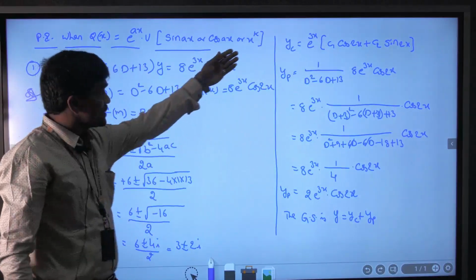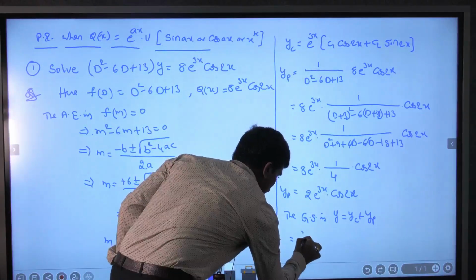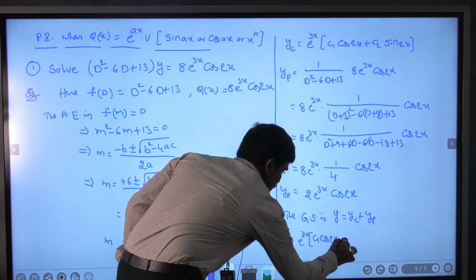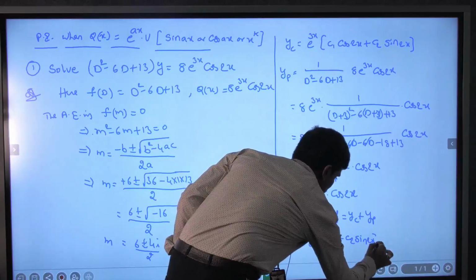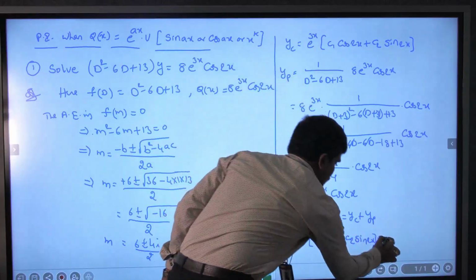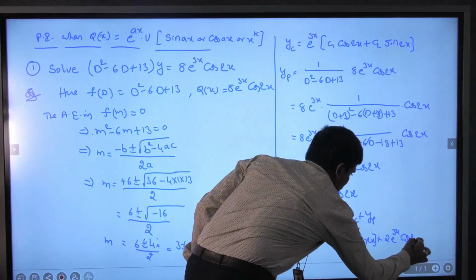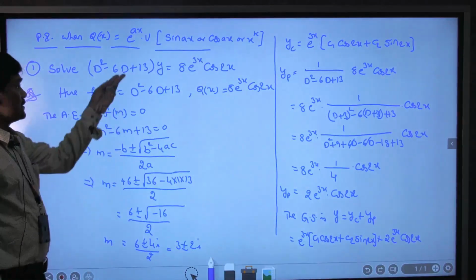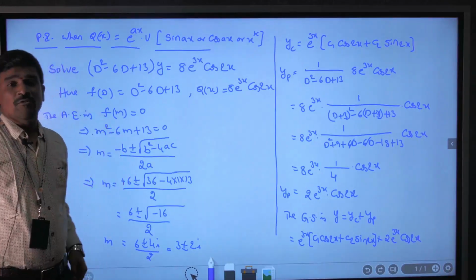The yc is e power 3x into c1 cos 2x plus c2 sin 2x. So yc plus yp, where yp is 2 e power 3x cos 2x. Now this is the solution for this differential equation when q is of the form e power ax into v.